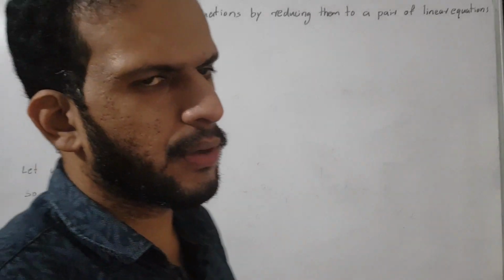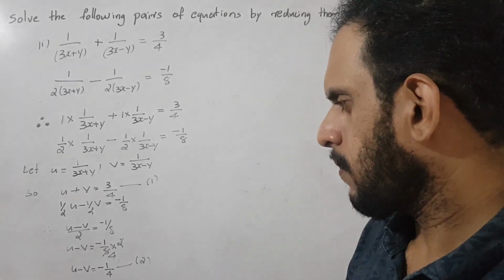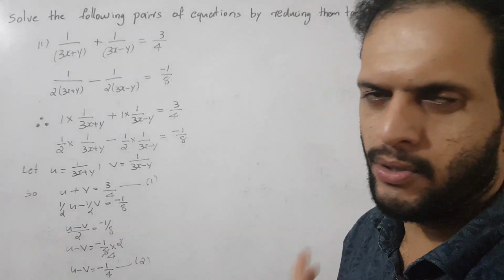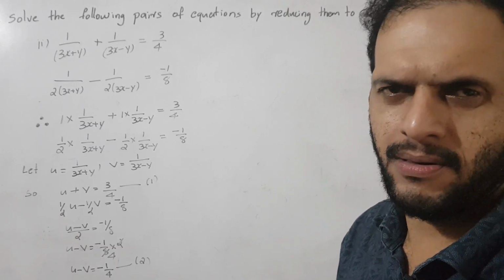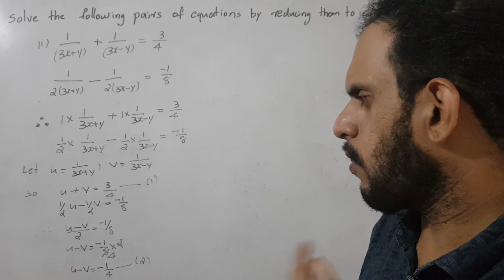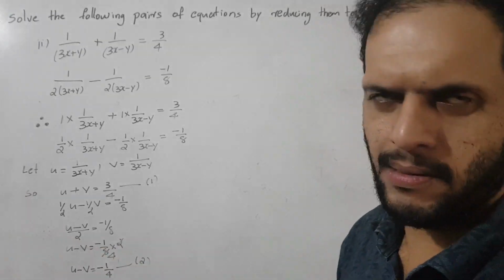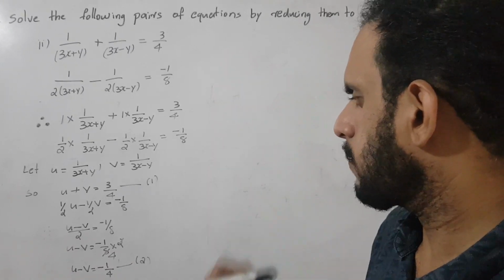Why are we doing like this? Because if we keep the denominator as a fraction, the addition and subtraction are difficult. Okay, to make the work easy, we keep it like this. Okay, it's not necessary. The next, what is next?